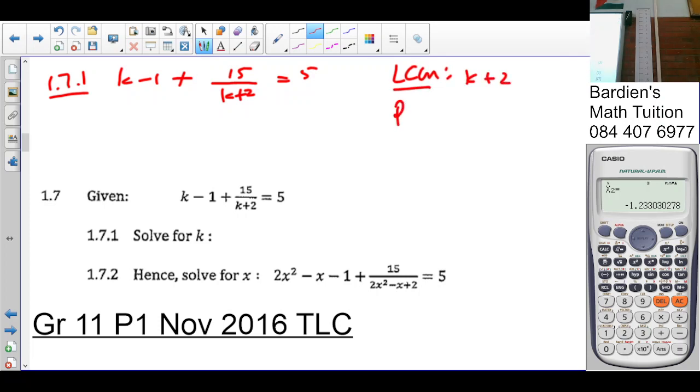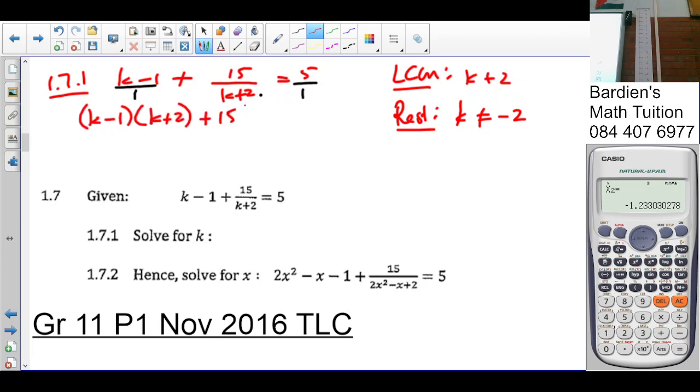What's my restriction? k can never be equal to negative 2. So naturally this is over 1, that must be multiplied by k plus 2. That must be multiplied by 1, and that must be multiplied by k plus 2. So you got (k minus 1) into (k plus 2), plus 15 times 1 equals 5 into (k plus 2).